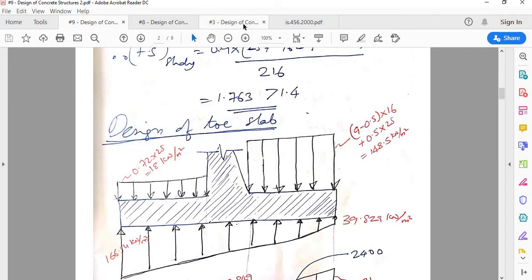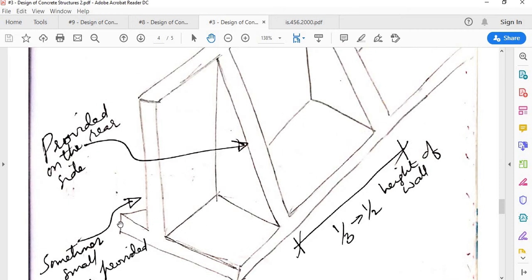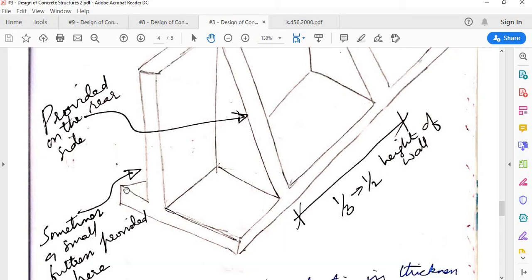So again, remember what I told you about the counterfort retaining wall. What happens is, in this toe slab, actually there is a provision to provide a buttress here in a counterfort retaining wall. So if you are providing a buttress here, then the action of the toe slab will be different.